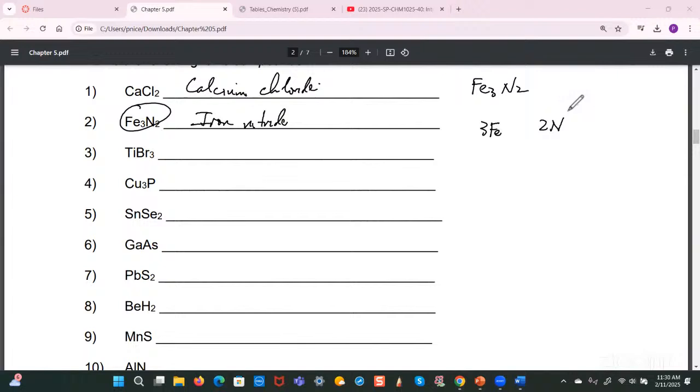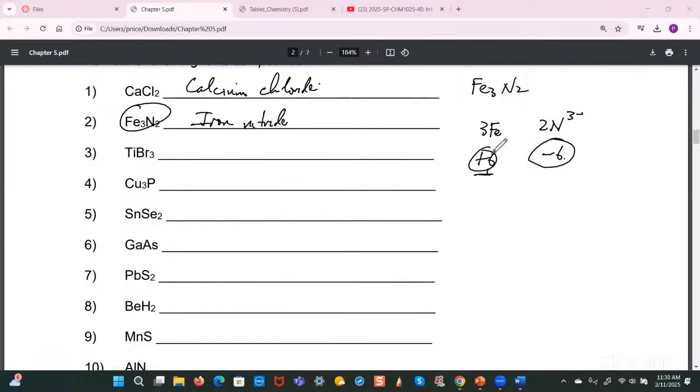Now we know that nitride, if you go to the table, carries a -3 charge, which means that the total charge here will be -6. If the total charge carried by all the anions is -6, that means that the total charge for the iron will be +6, right? So if the total charge here is +6, then what is the charge for each iron ion?